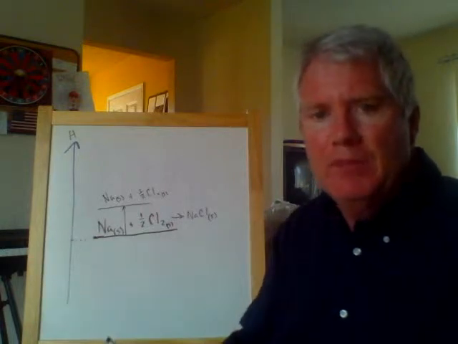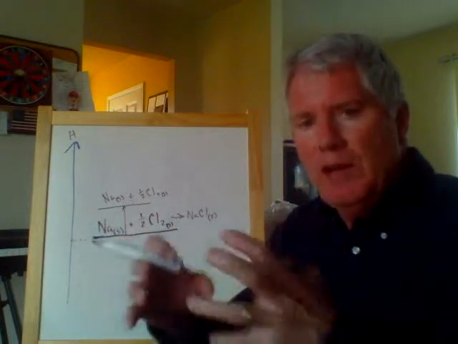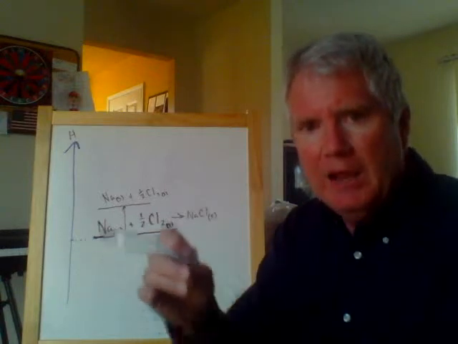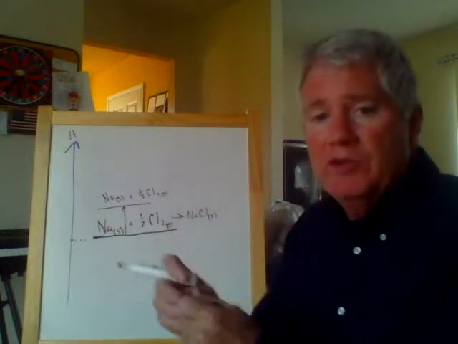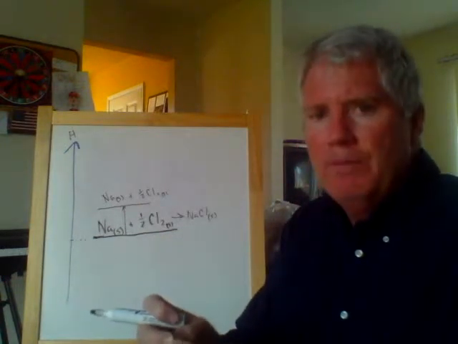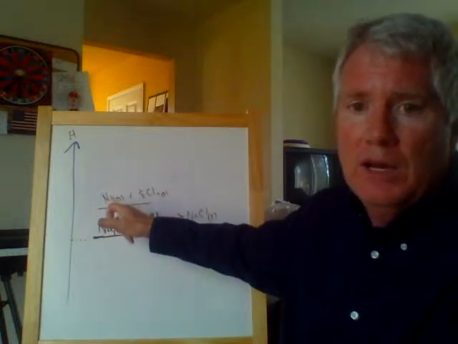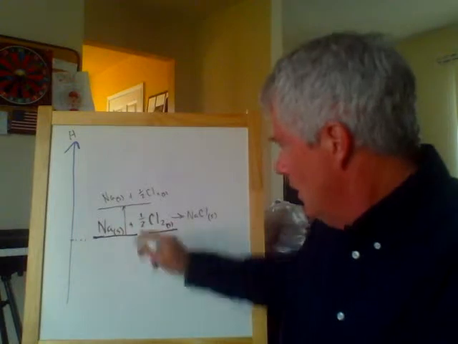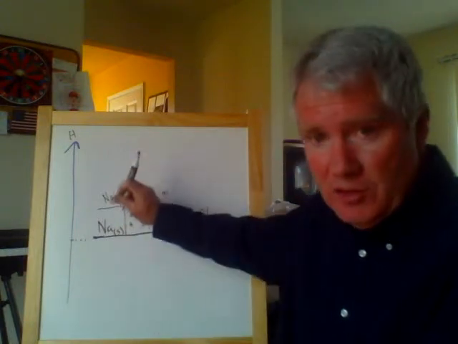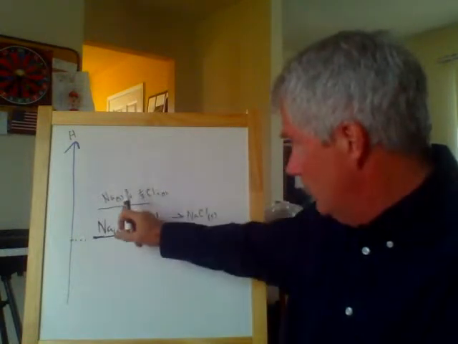I haven't talked about metallic bonding yet, but the sodium atoms are all bonded together in a metallic lattice, and it requires energy to pull off an atom from that lattice and turn it into a gaseous atom. Okay, so that requires energy. That's positive energy that we have to put into the system to make this happen.